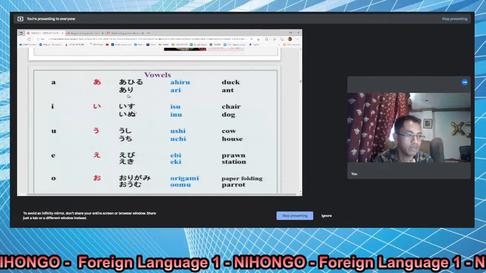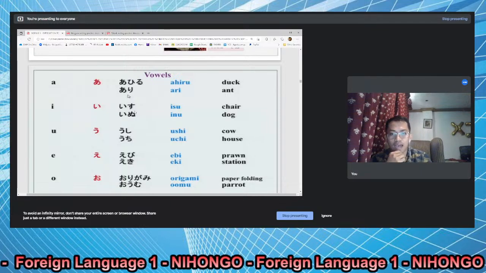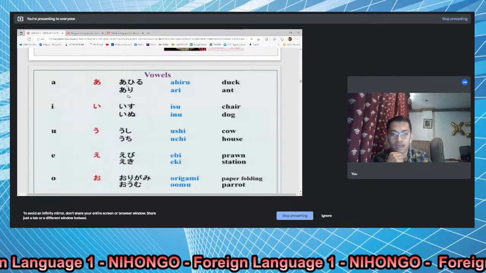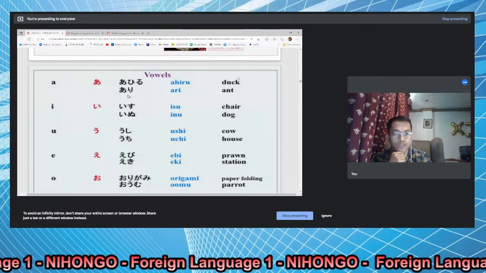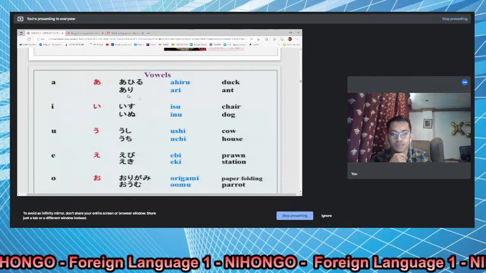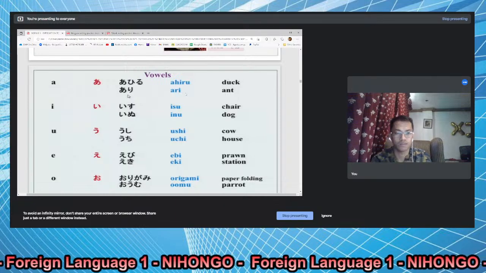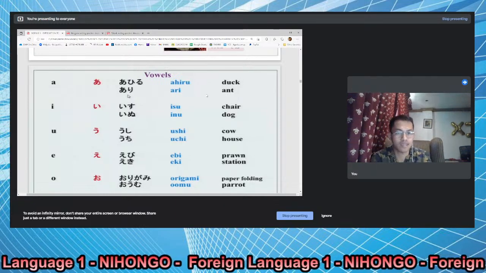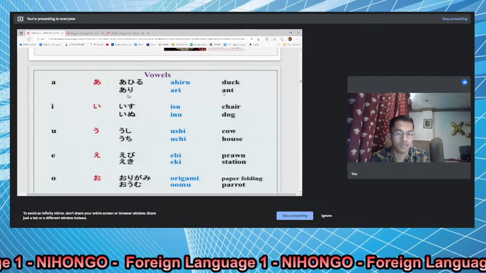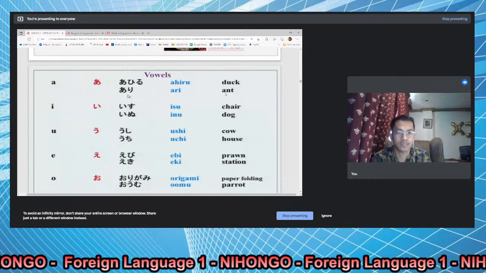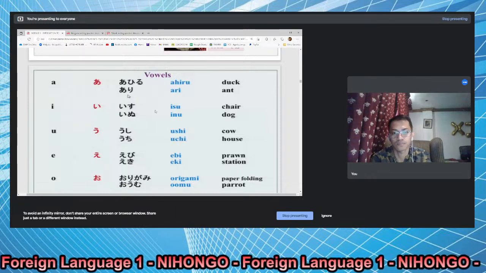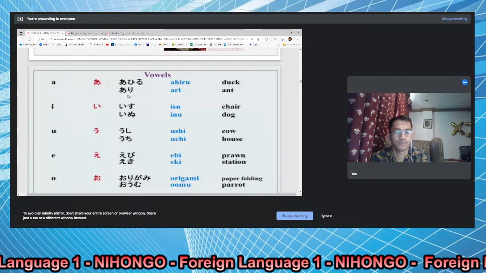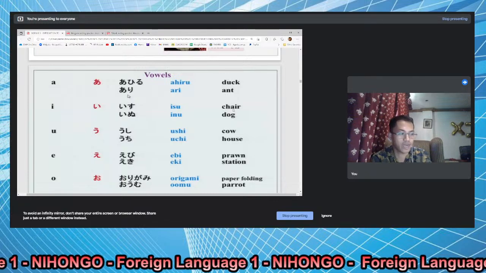So we have here ahiru, which means duck. Ari, which in English is ant. Isu, which means chair.